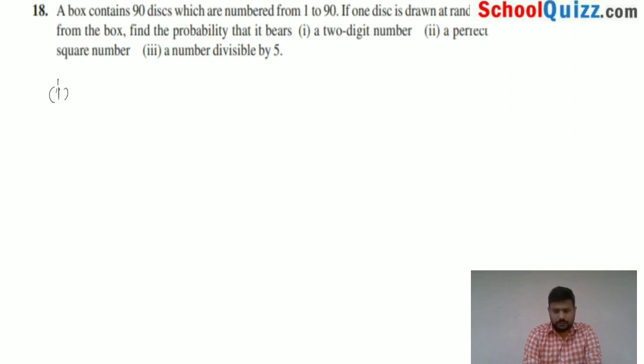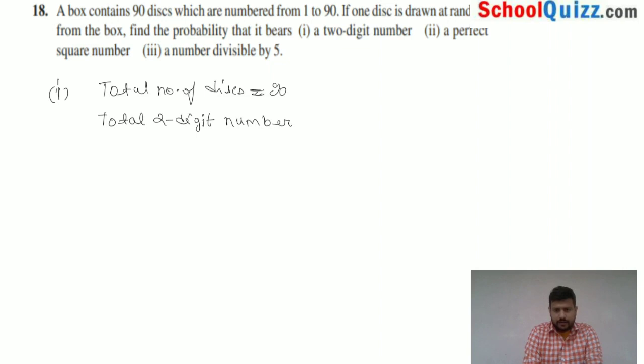The total number of discs is 90, and the total 2-digit numbers between 1 to 90 are 81.